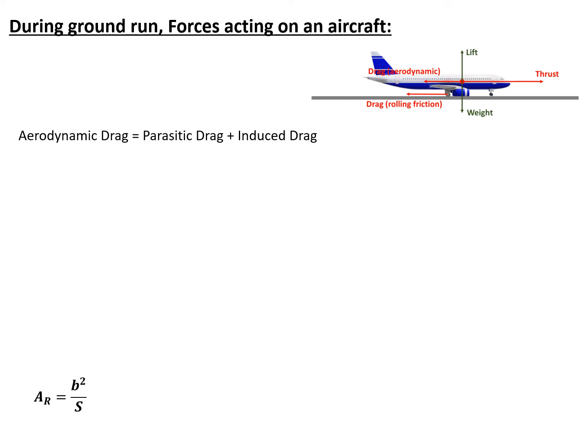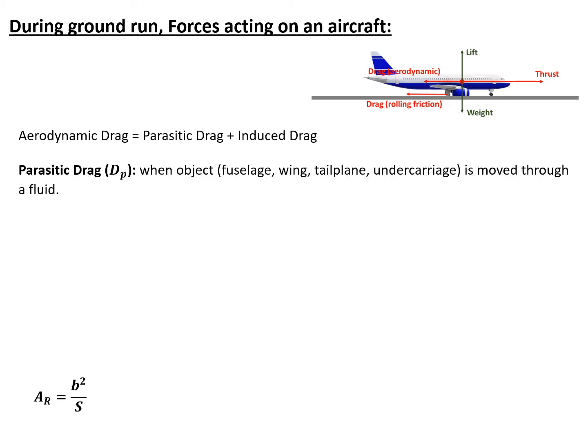First, let's look at the aerodynamic drag. We know the aerodynamic drag can be separated into two components, the parasitic drag and the induced drag. The parasitic drag, we usually denote as DP, where P is parasitic.